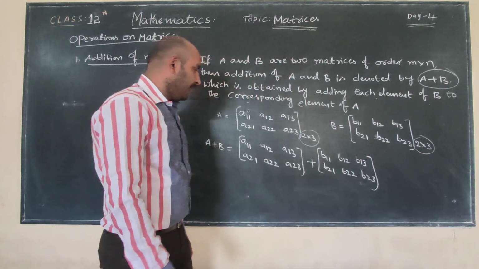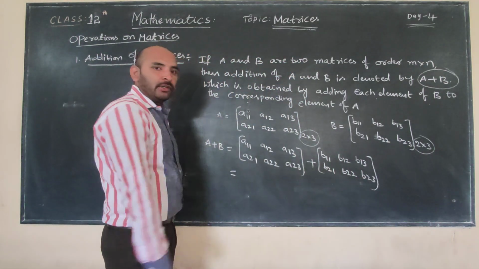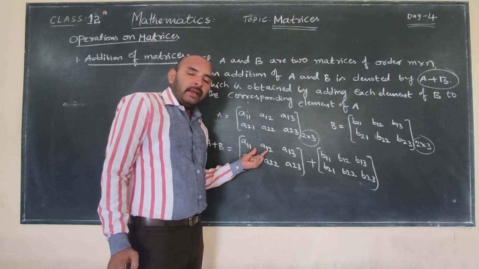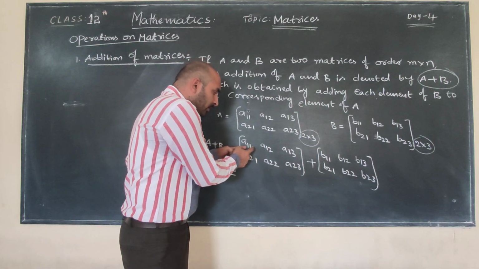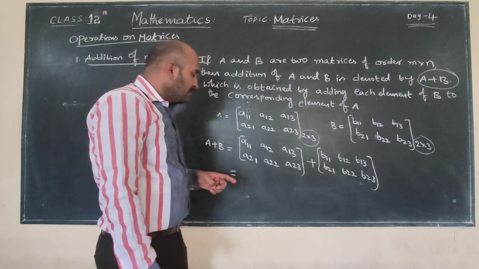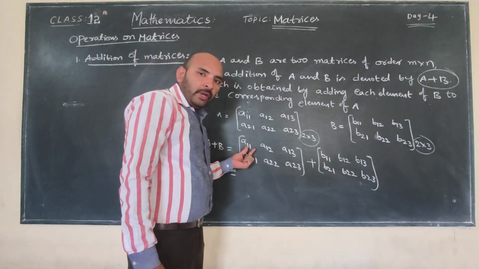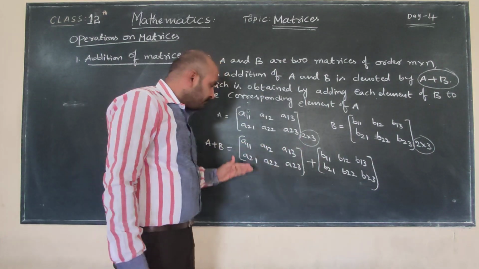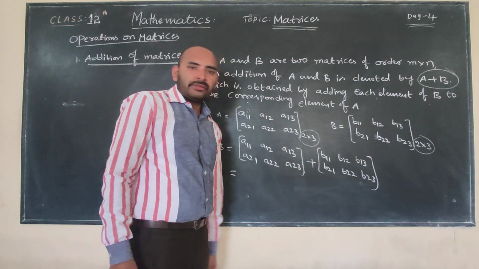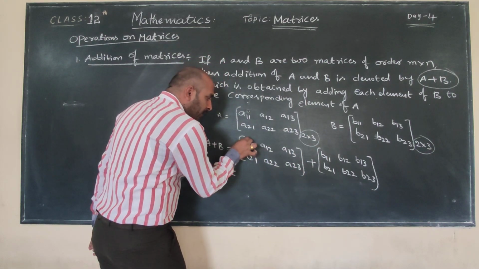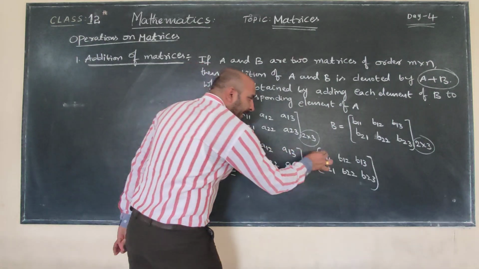It is equal to, remember, inside the matrices don't put commas between the elements. Already you know very well the positions 11, 12, 13 for the first row with 3 columns, and again the second row with 3 columns. Here, corresponding positions must be added.